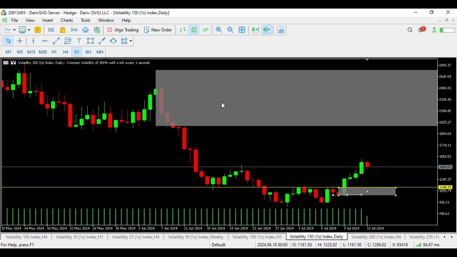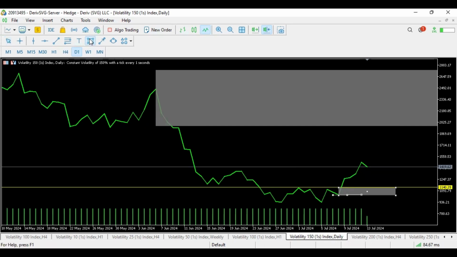By the way, before I continue, in terms of the market structure as well, when I switch to the line graph, you realize that apart from us saying that the market is likely to go up for some time, on the daily we have already formed a double bottom. Other people call it M formation, double bottom, all those things are the same.